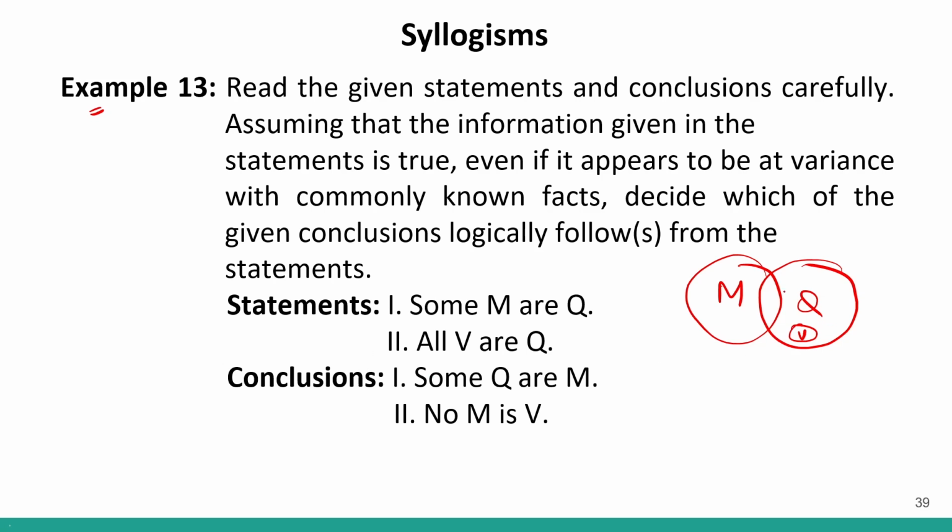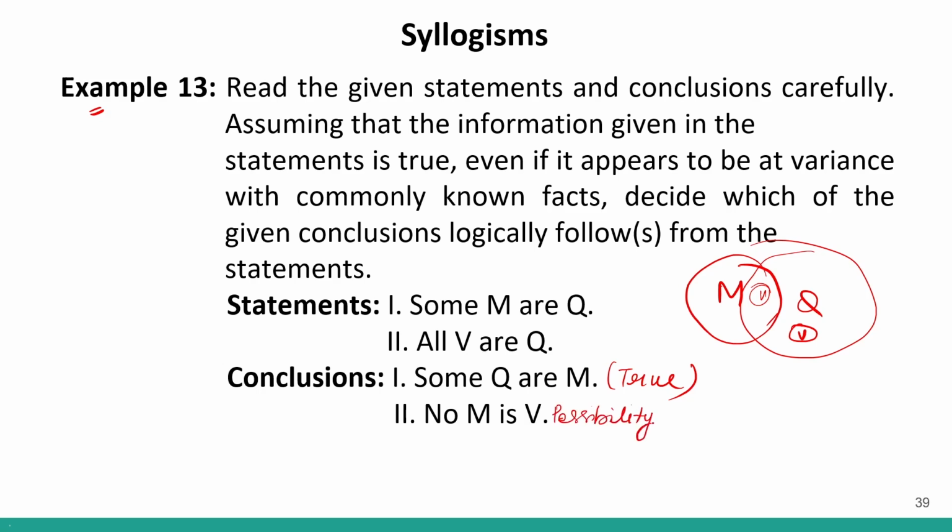First one says some Q are M. I can clearly see this area which says that some Q are M. Therefore, this one is definitely true. Second one says no M is V. If I look over here, V can be here also. So this is basically a possibility, and we look at only definitely true statements.